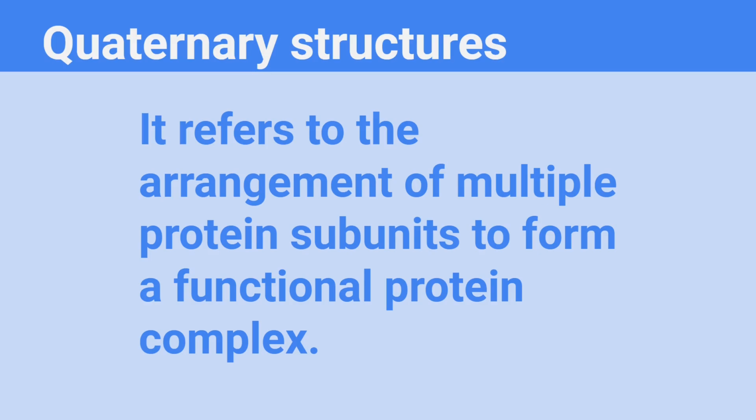The quaternary structure of a protein complex plays a crucial role in its stability, activity, and regulation. Understanding protein quaternary structure provides insights into the mechanisms of protein function and interactions within biological systems.